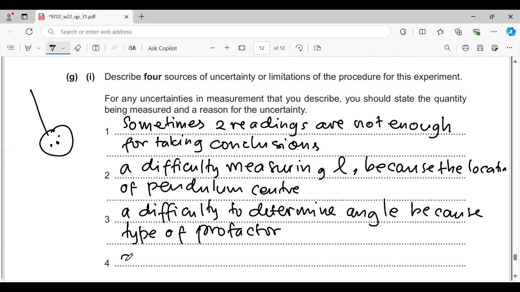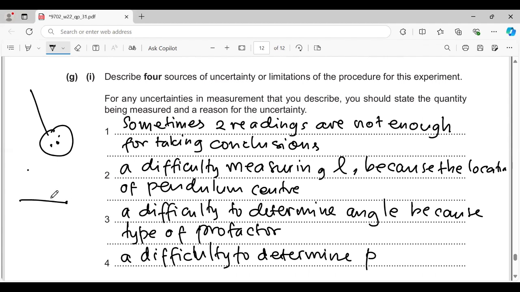A difficulty to determine P. Just now we determined P. The problem is again the location of the center.